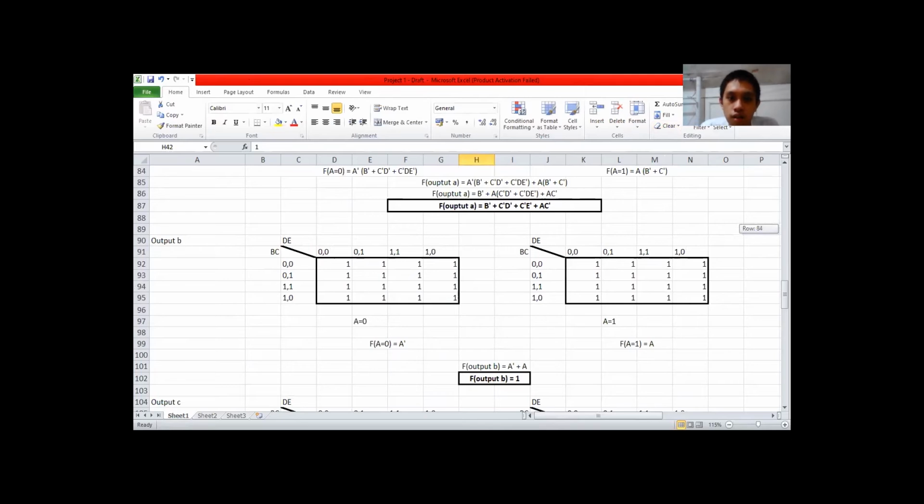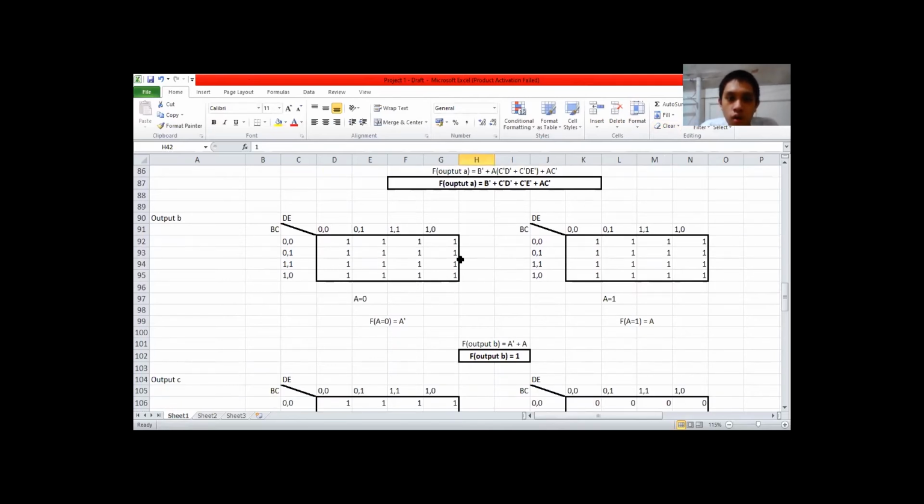Therefore, for the K-map, all cells will have a value of 1.